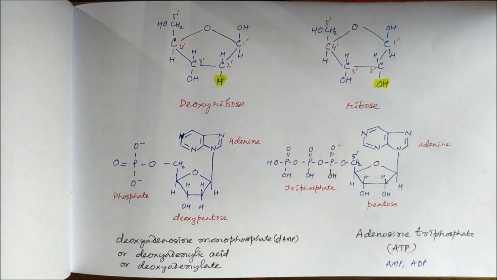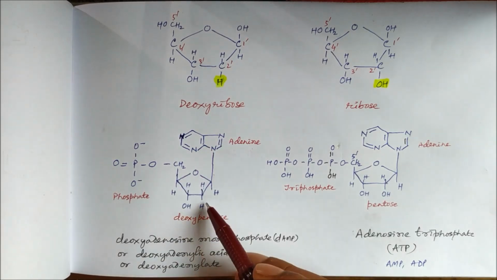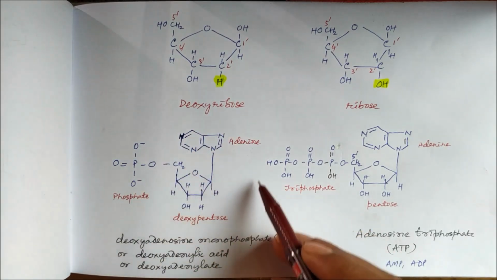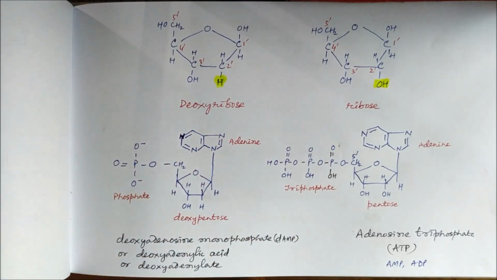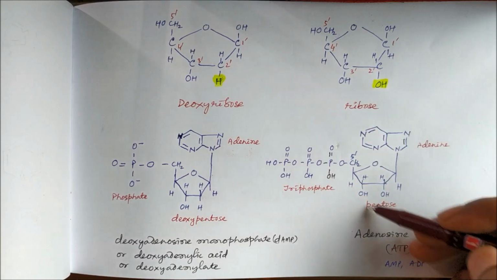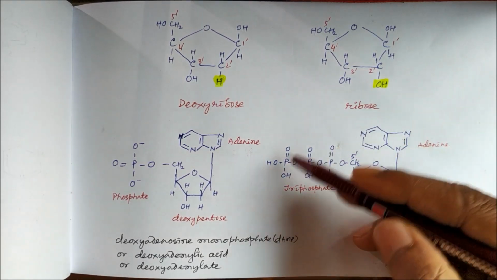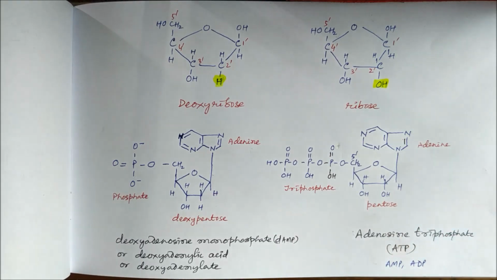So the difference between nucleotide and nucleoside: the base and sugar together is a nucleoside, and when the phosphate is attached it becomes a nucleotide.